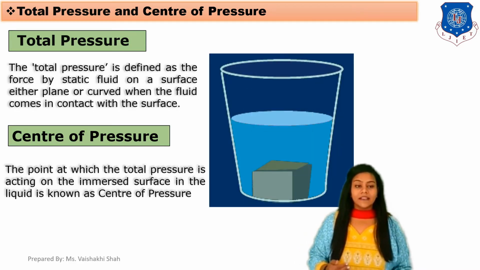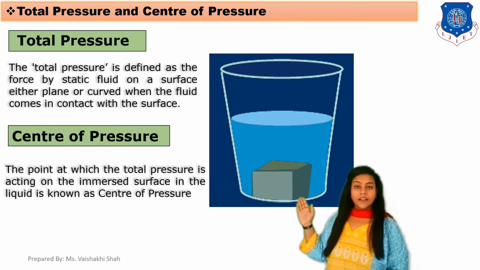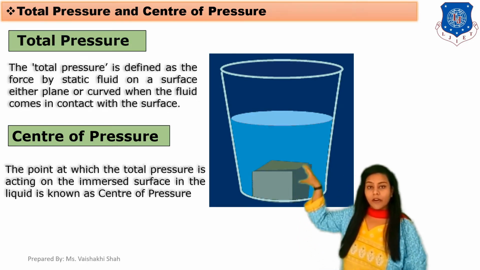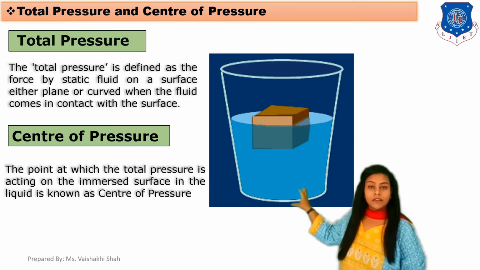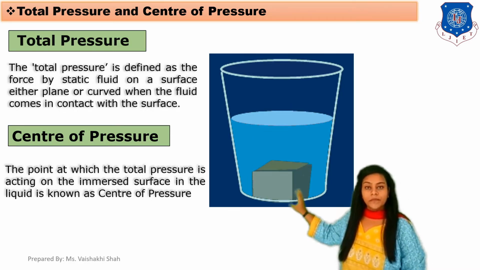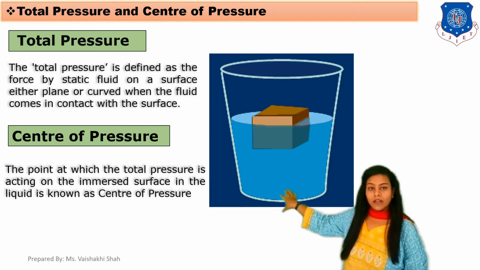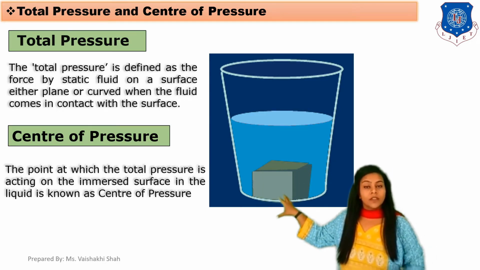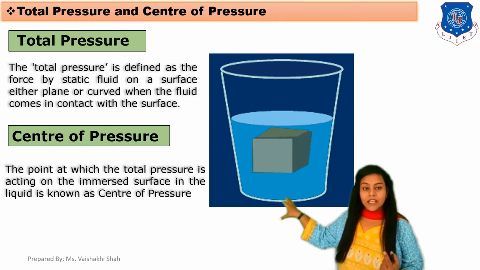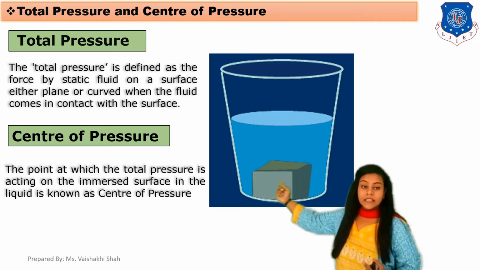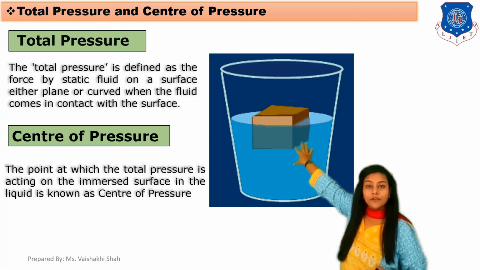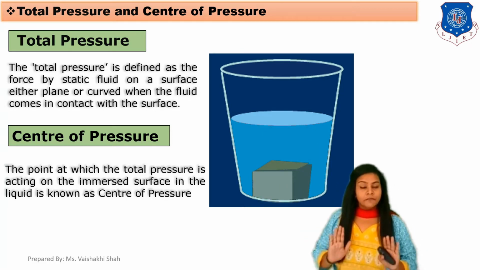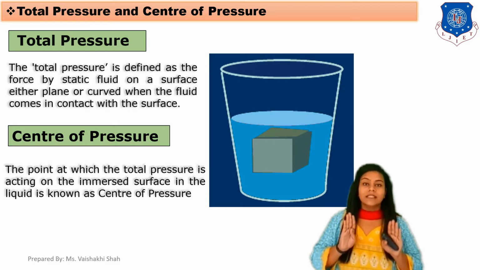You can clearly understand by this diagram. Here you can see a block which is immersed in the fluid, a glass filled up with water. This rectangular block is immersed in the fluid. Now, the total pressure is the force by this fluid. As you can see, the fluid in the glass is in steady condition, which means it is in fluid static.